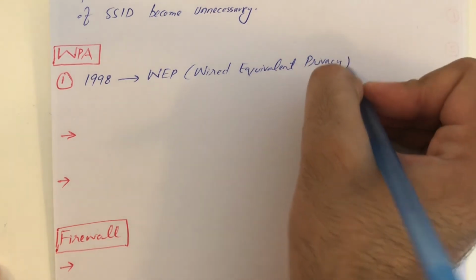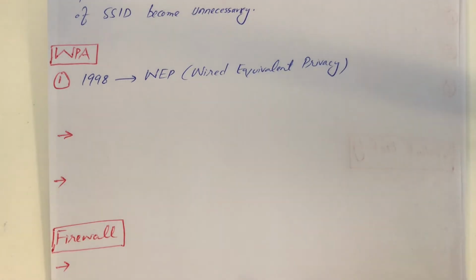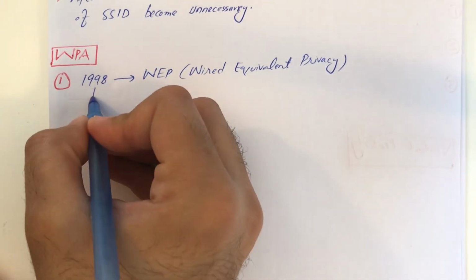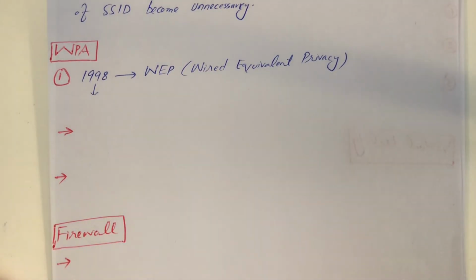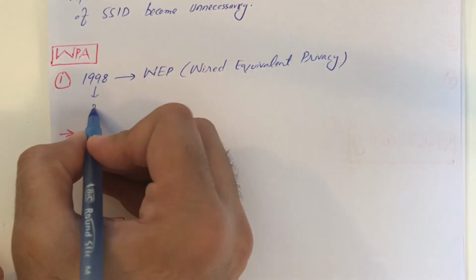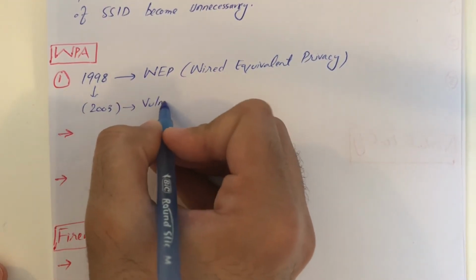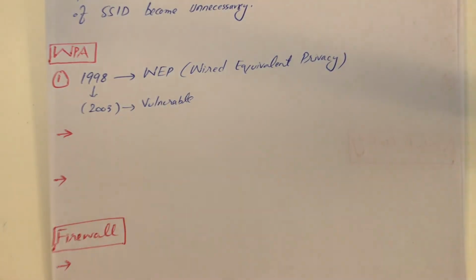So Wired Equivalent Privacy was the first encryption algorithm that was used with the WLAN, or you can say Wi-Fi. This algorithm, we still use. It's pretty much a nice algorithm, but without a security key. There's no concept of security key or the secured access of the access points. But this algorithm was reported to be vulnerable in 2003.